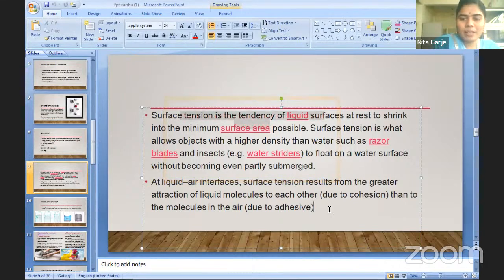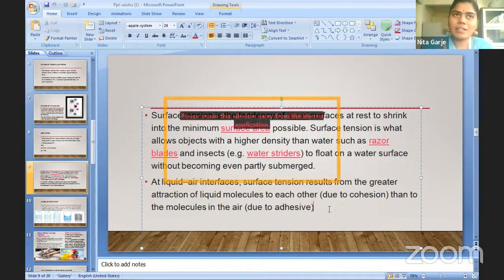Here we have seen cohesive and adhesive already. Cohesive means attraction between the same substance, same molecules in the substance, and adhesive means attraction between two different substance molecules.